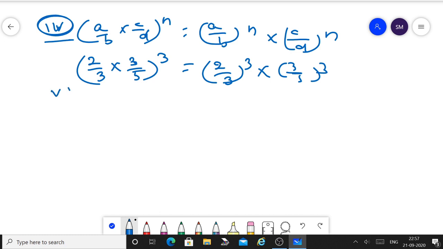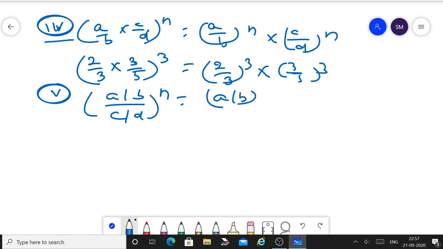Then what does the fifth law say? Suppose a by b upon c by d, to the power n. This means a upon b to the power n upon c upon d to the power n.